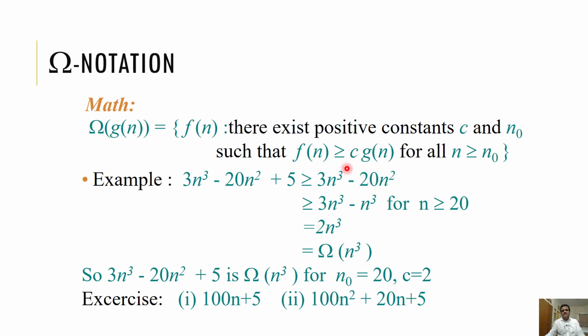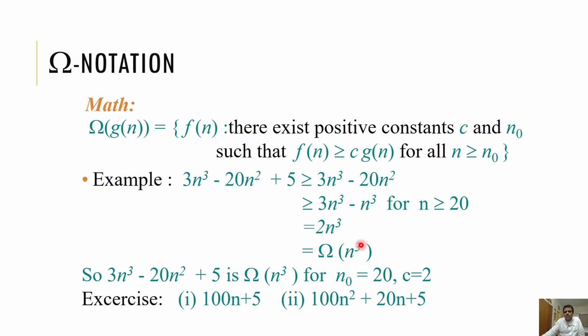So, big omega is this definition. To show this is big omega, we take this value, this is our f(n). So, this is greater than or equal to 3 n cube, because we are ignoring 5, and if we take n to be greater than 20, then we put n over here and this is minus. So, this will be greater than 3 n cube minus n cube.